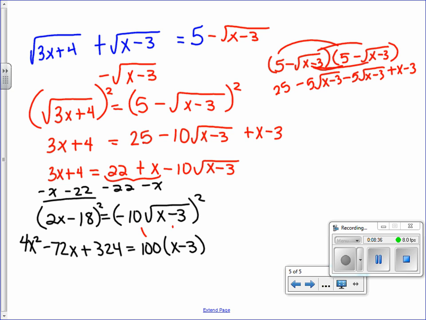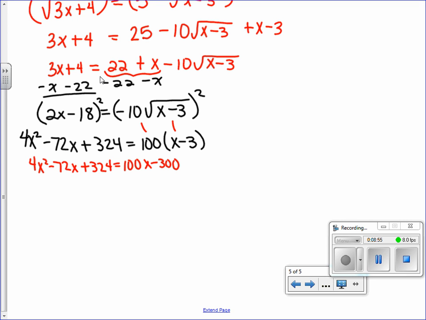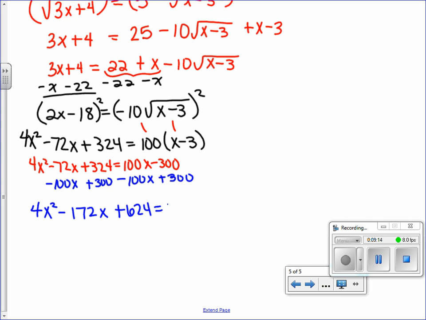Square root of x minus 3 squared is x minus 3. So I'm looking at 4x squared minus 72x plus 324 equals 100x minus 300. Combine like terms. X squared minus 43x plus 156 equals 0.